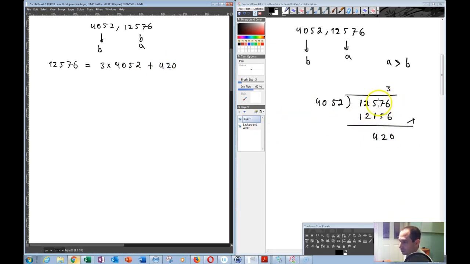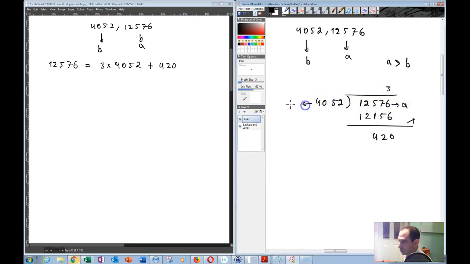Now this number was A, this number was B, this number I take as Q, the quotient, and this number is the remainder. Then you take your B, which is the divisor here, and divide it by the remainder, meaning you write 4052 divided by 420. That would be, for example, 5, 6, 7, 8, 9 times.